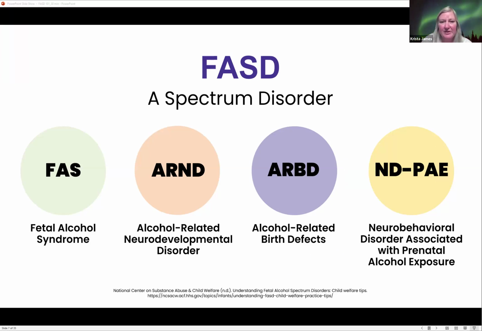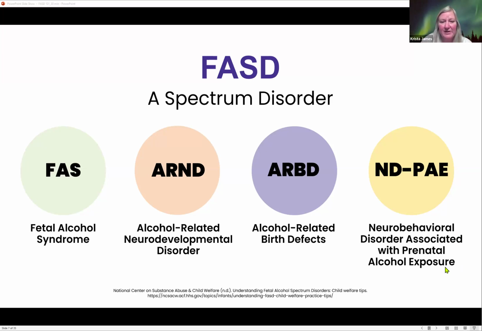The next diagnosis that we have is ARND, which is alcohol-related neurodevelopmental disorder. Individuals with ARND may have the same combination of impairments listed under that FAS diagnosis, but with none of those physical markers. The next one is ARBD, alcohol-related birth defects.